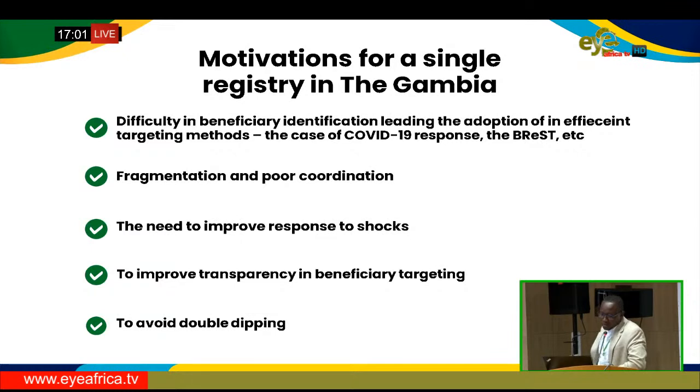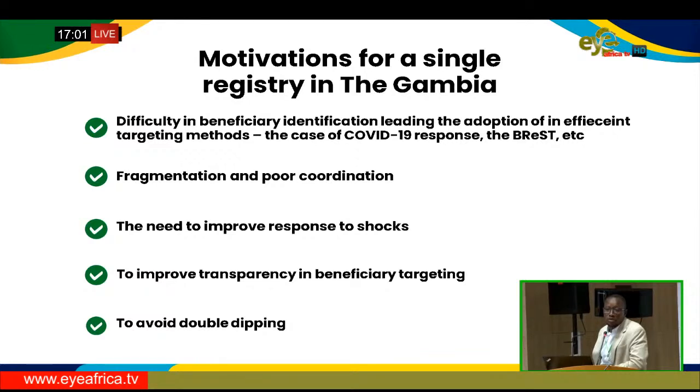So one of the motivations for developing the social registry is the difficulty that government and partners were facing in identifying beneficiaries, which was often leading to inefficient targeting approaches by so many different programs.